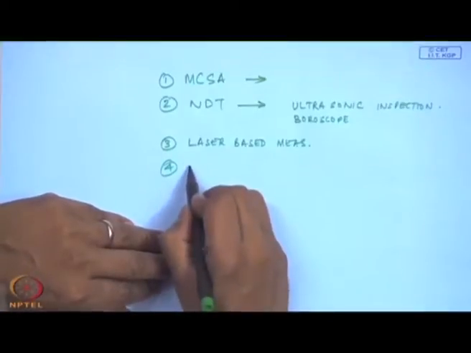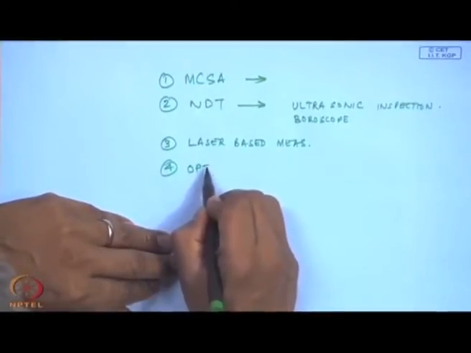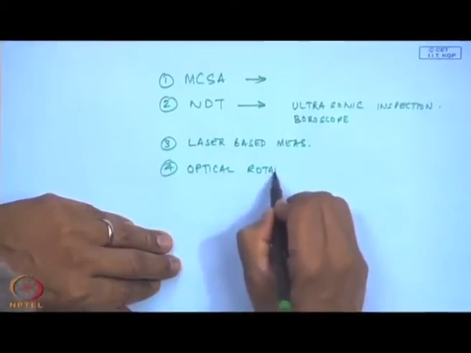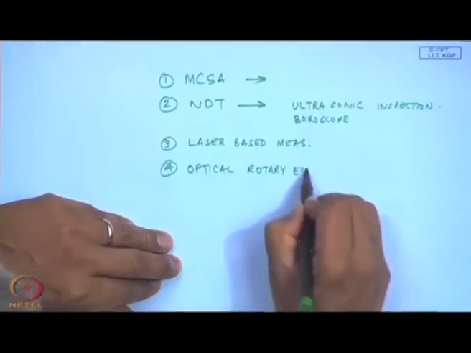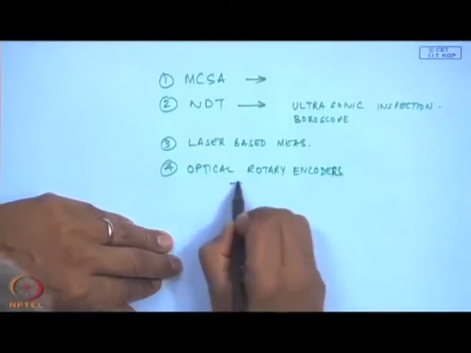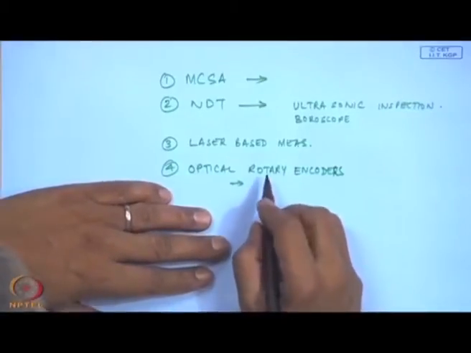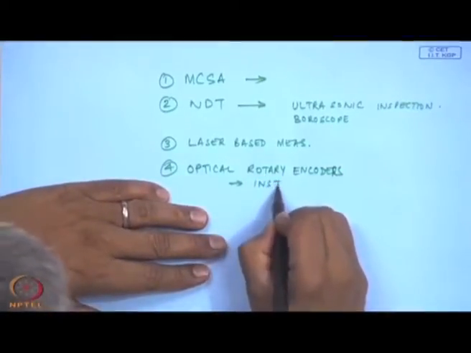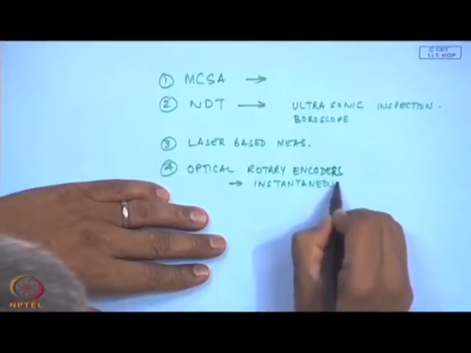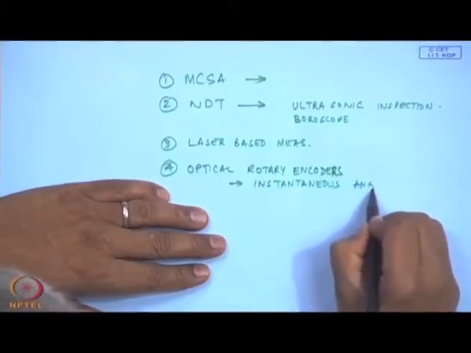and the optical rotary encoders for what is known as detecting the instantaneous angular speed.